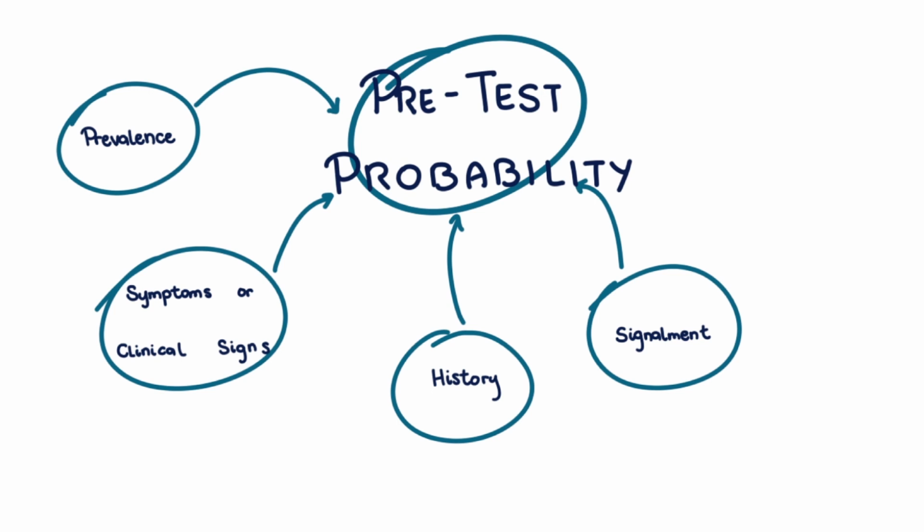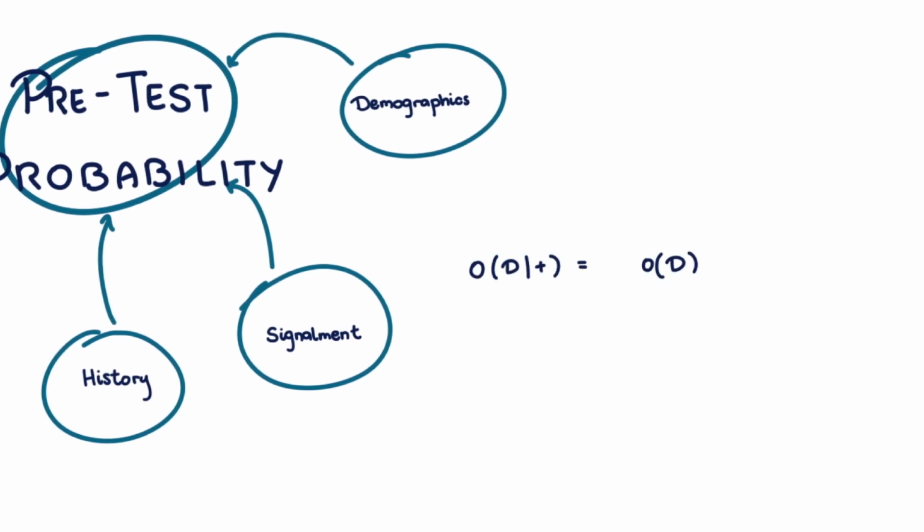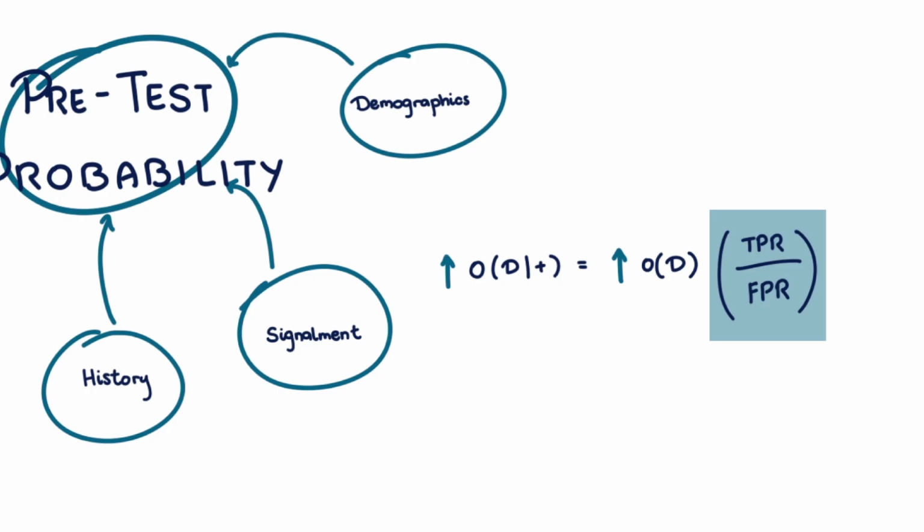We don't just run tests just cause. In the second example, the demographics also decrease the pretest probability. Looking at the formula we use, keeping the Bayes factor constant, increasing the pretest probability increases our posterior probability. And the opposite happens when we decrease them.